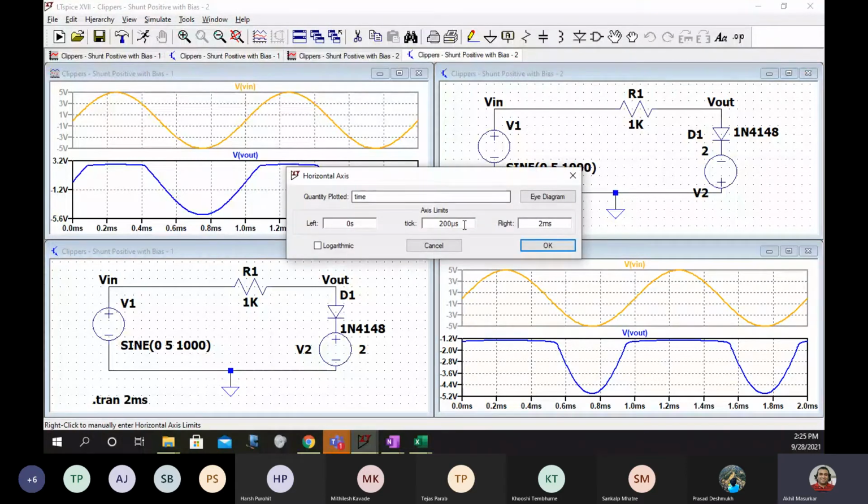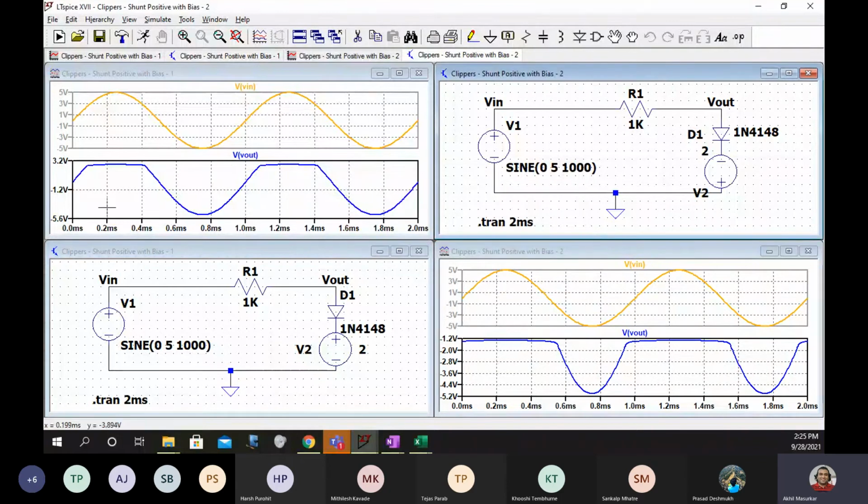Yes, and then you can also have plots. Now I am not plotting the V in, V out. You can do that.